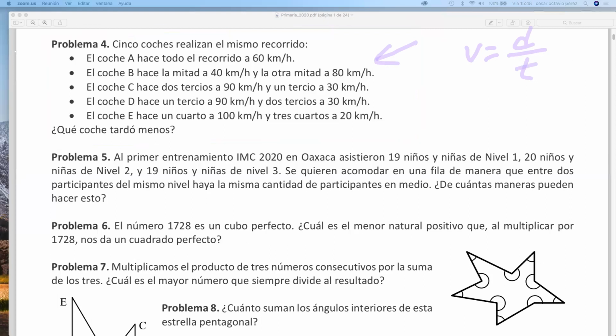Here we want time, so time is distance divided by velocity. This problem can be solved using a particular case, a particular example, or we can use a formula using algebra.